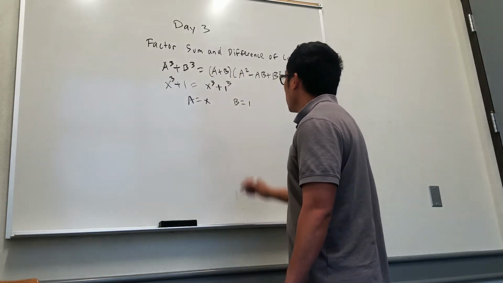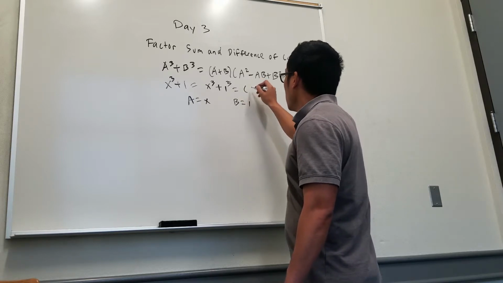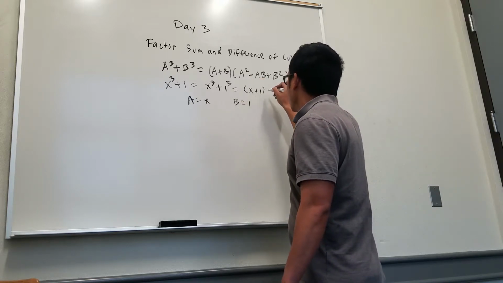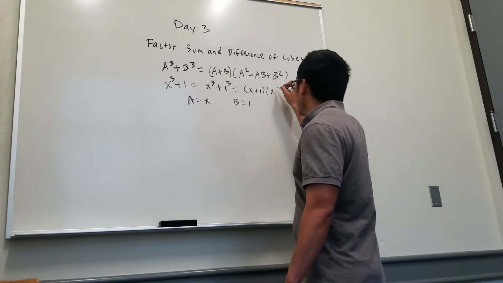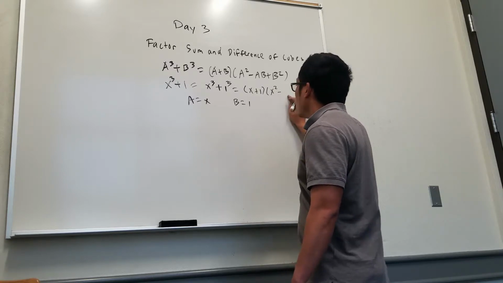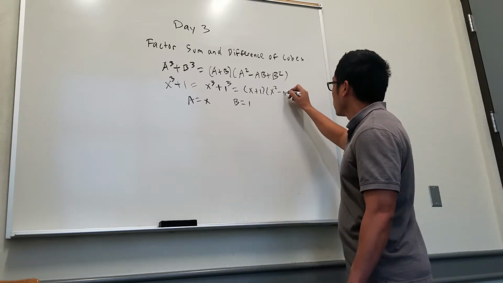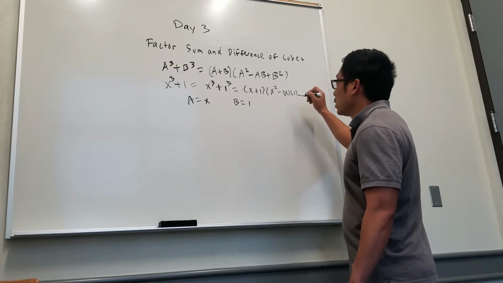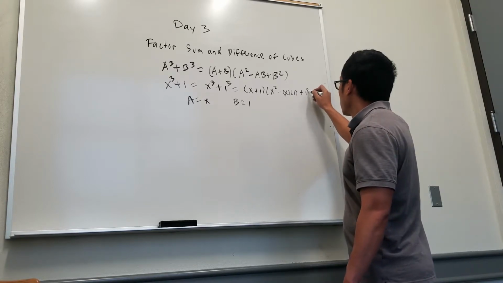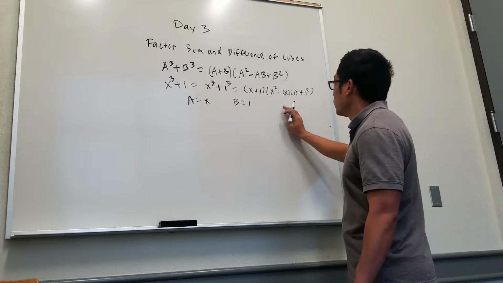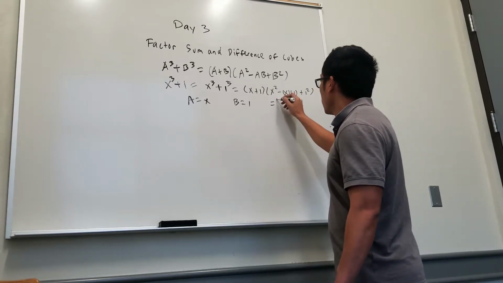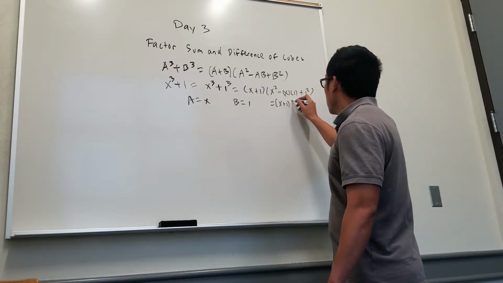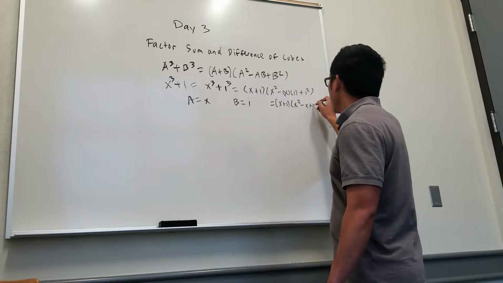Applying that technique, this is really just a plus b, which is x plus 1. Then you have x squared minus a times b, which is x times 1, and then plus b squared, right? If you simplify this, it's going to equal x plus 1 times x squared minus x plus 1. That's it.